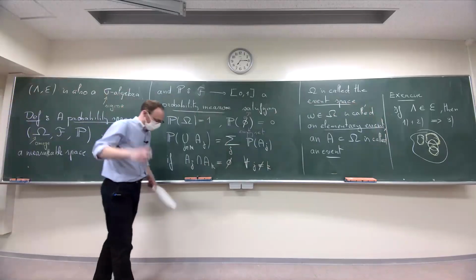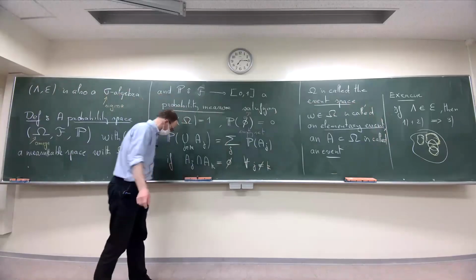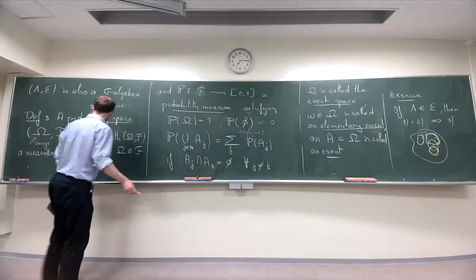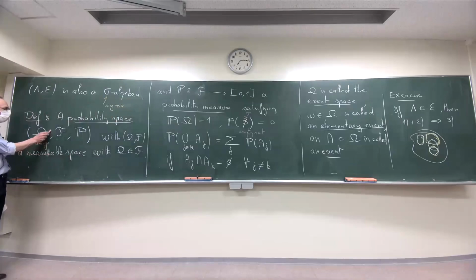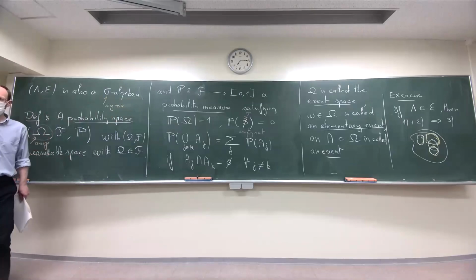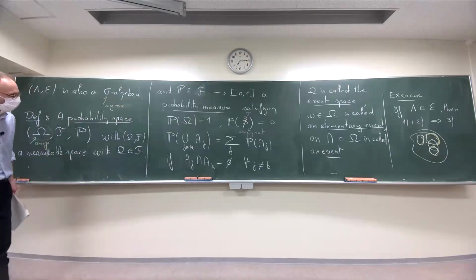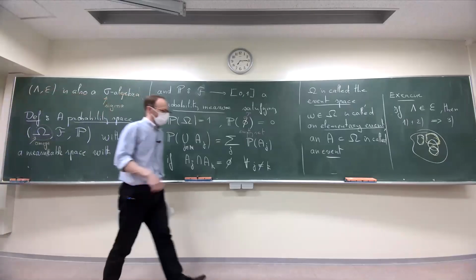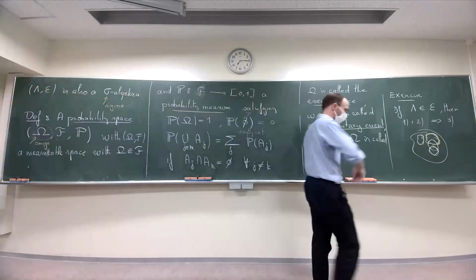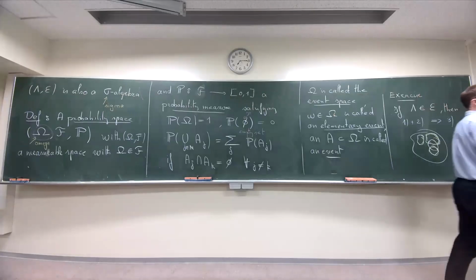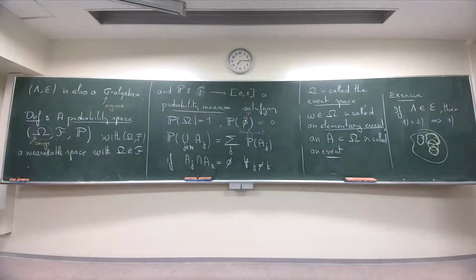So if we think already about the applications later, most of the time, we will have no information about this in the applications. This is a very, very complicated set. Omega is going to be complicated because it's going to describe all possibilities that a system can take.